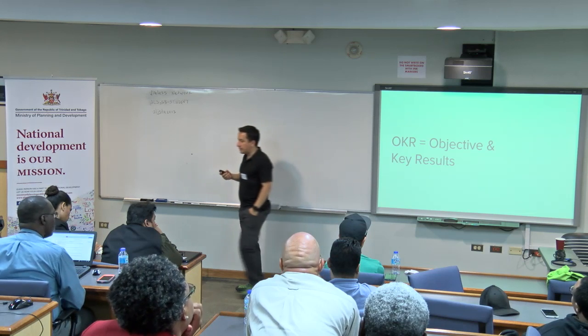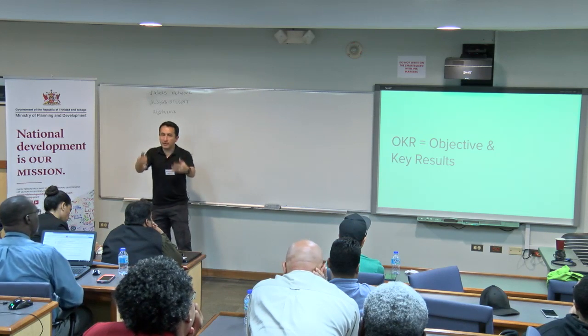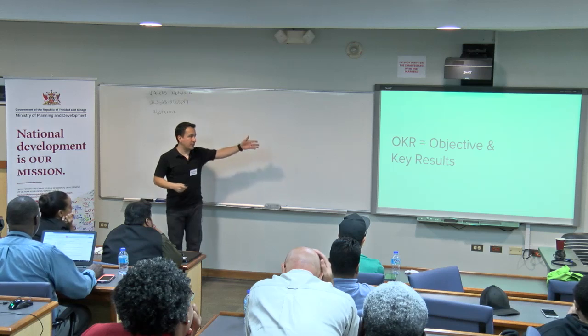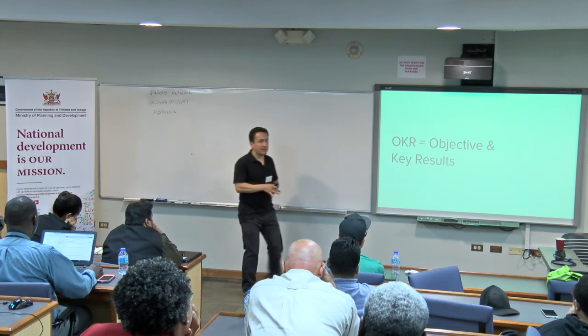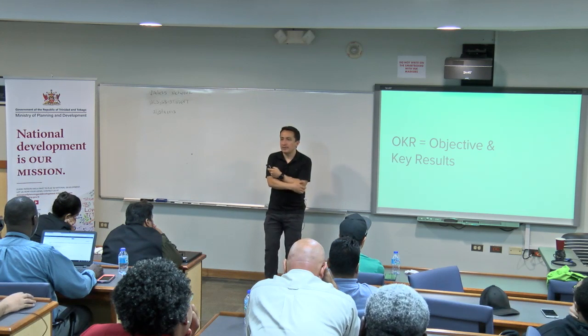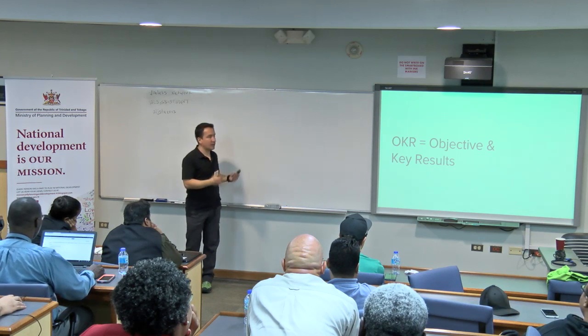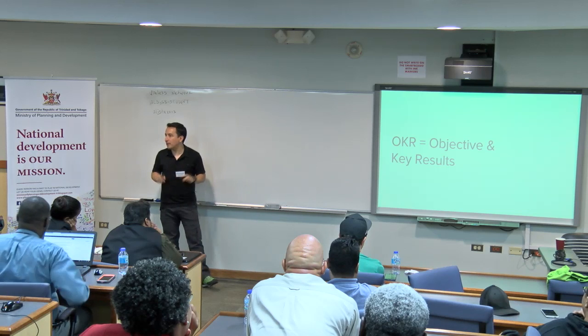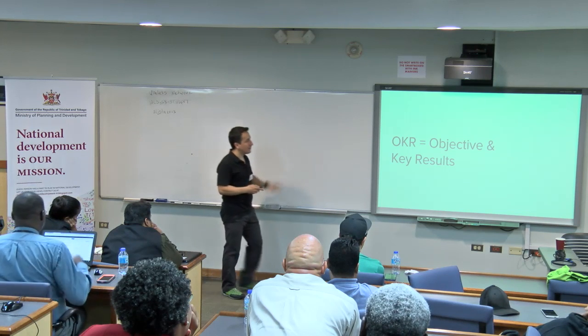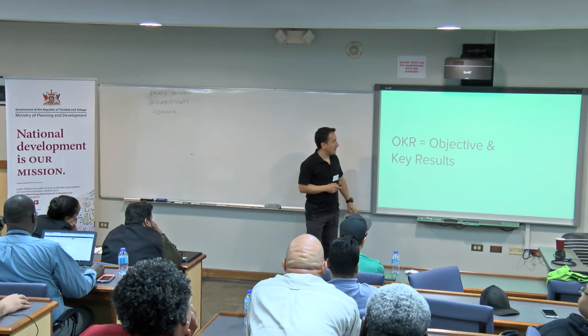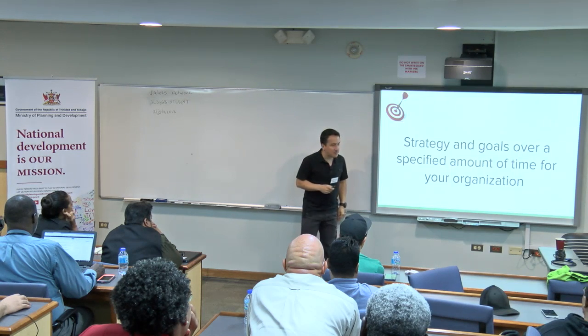And one of the things that we use to carry that culture on is the OKR, which is objective and key results. It's like KPIs, or there are many other ways to do it. This is our way. It was not invented by Google, by the way. So it's open, and you can read on the internet about it.